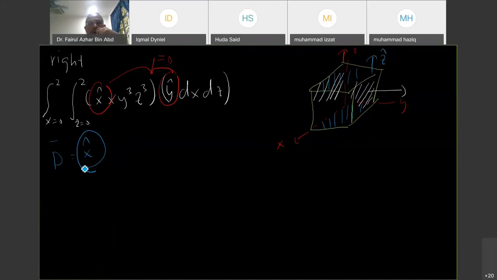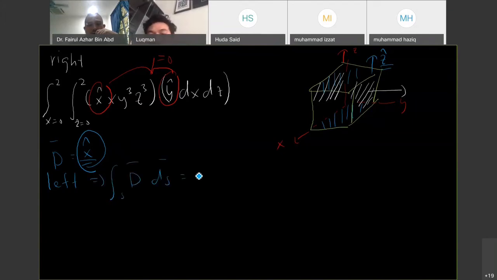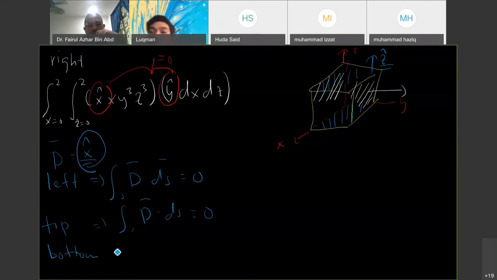So when we perform a dot product between x-cap and z-cap, the result will become 0. Therefore, for the left side, the surface integration of D dot dS is equal to 0. Similar for the top as well, D dot dS is equal to 0, and the bottom as well, the surface integration D dot dS is also equal to 0.